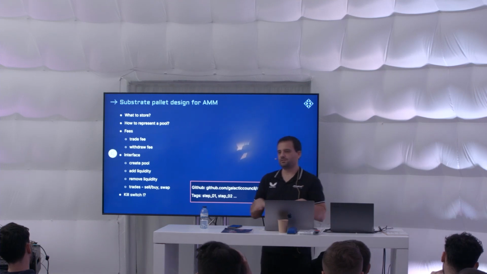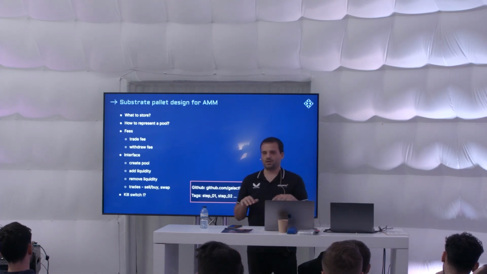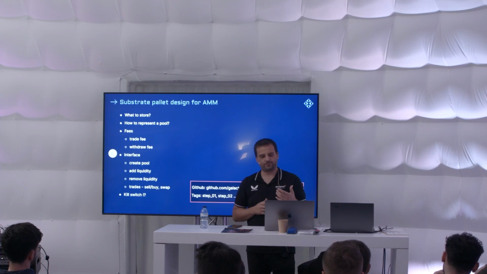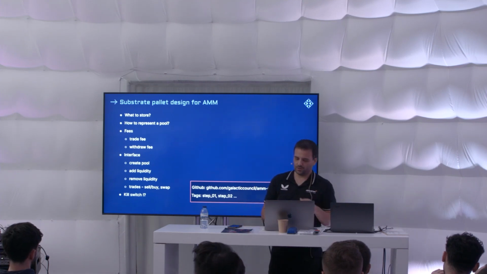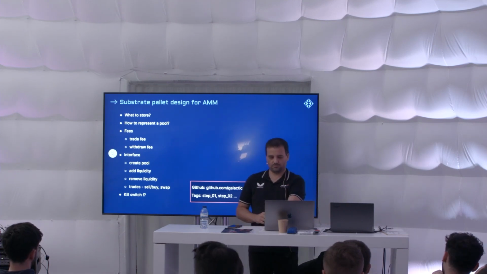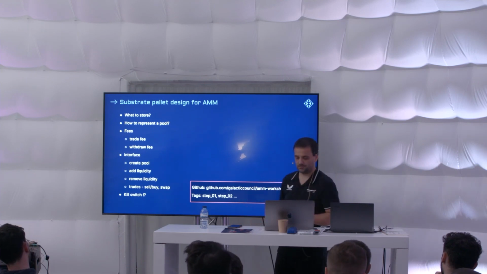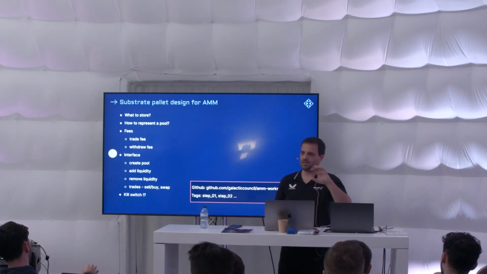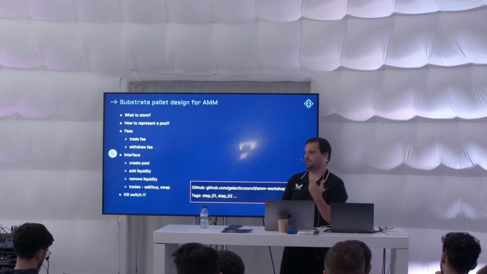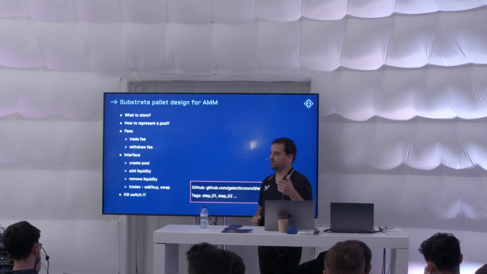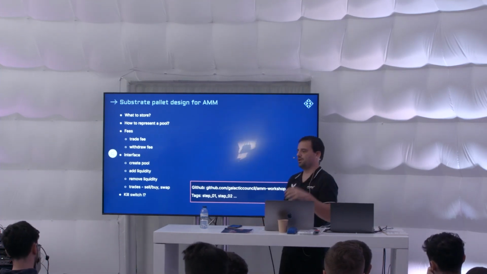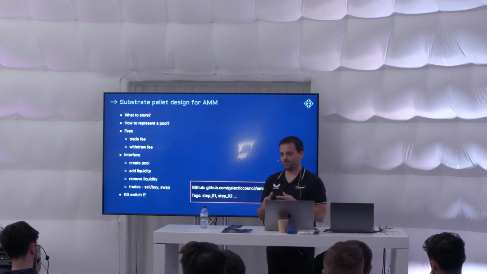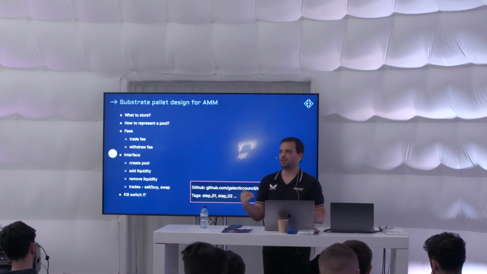So for this workshop, I prepared a repository. It's over here. I also added some tags. There is a tag like step 0, step 1, step 2, and each step is basically: we start step 0 in an empty pallet.